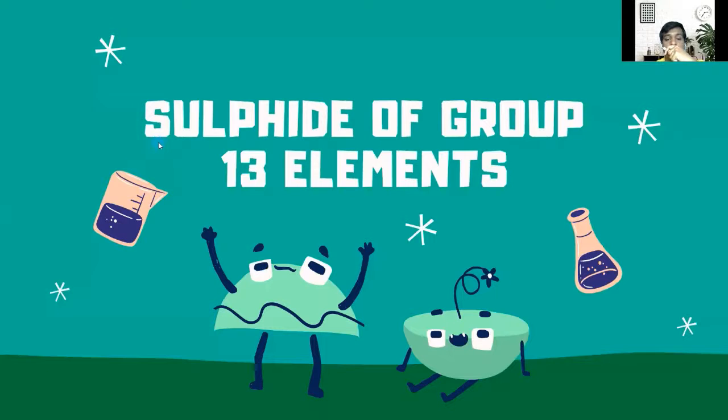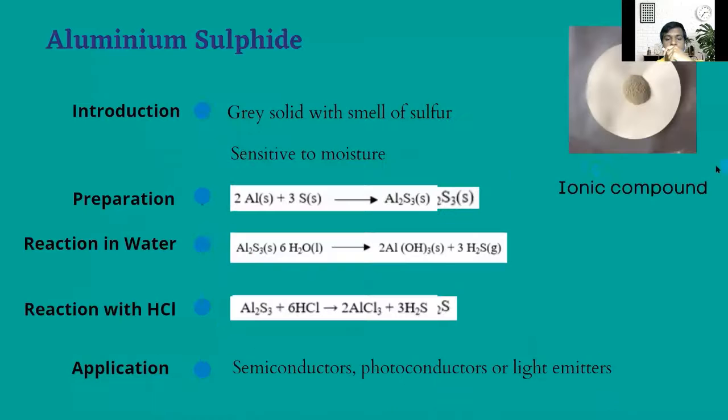The third binary compounds that I would like to discuss are sulfides of group 13 elements. Aluminium sulfide is a gray solid with a smell of sulfur or even a smell of rotten eggs. This compound is very sensitive to moisture. To prepare aluminium sulfide, 2 aluminium is reacted with 3 sulfur to produce aluminium sulfide. The reaction of aluminium sulfide with water gives 2 aluminium hydroxide and 3 hydrogen sulfide gas.